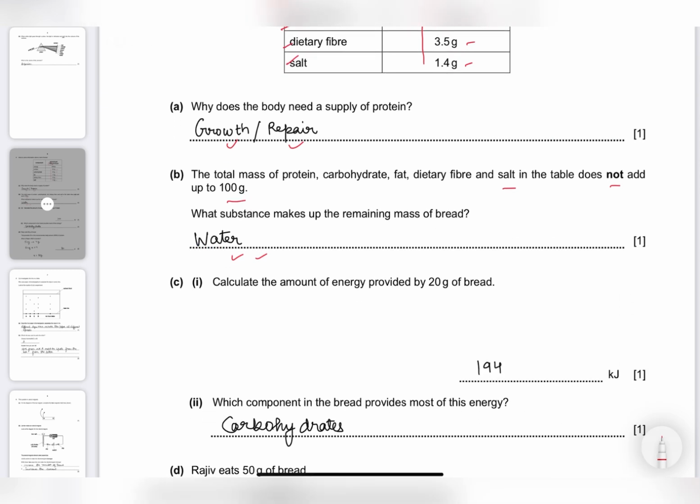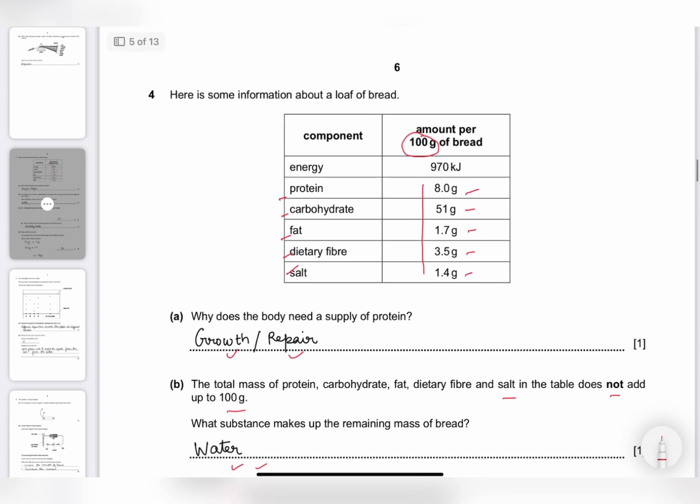Calculate the amount of energy provided by 20 grams of bread. Now let us do some mathematics. 100 grams provides 970 kilojoules. I will write down over here 100 grams provides 970 kilojoules, but I want it for 20 grams. For this type of question, we apply the unitary method.